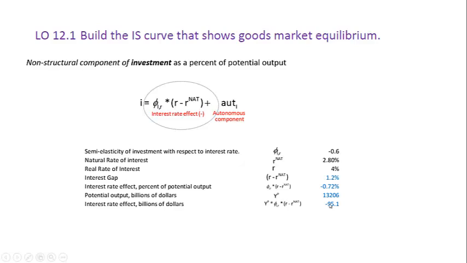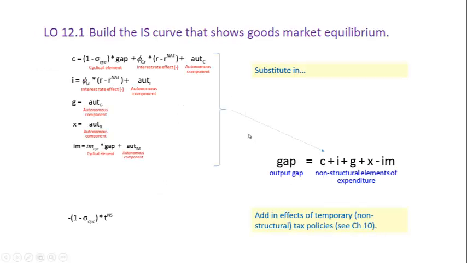And we can see that in dollar terms, in this example, that's approximately $95 billion, $95.1 billion cut back in investment as a result of this increase in the interest rate. So now we have some what should be familiar equations. This is our new non-structural consumption and our new non-structural investment.